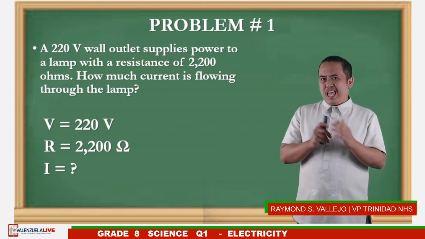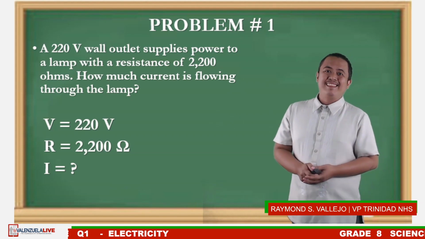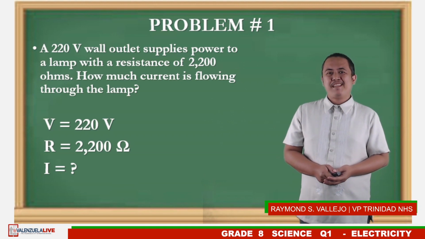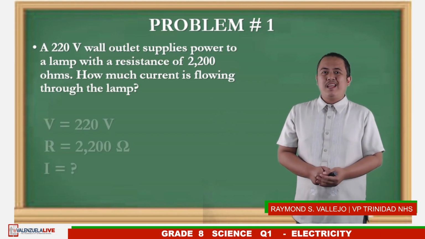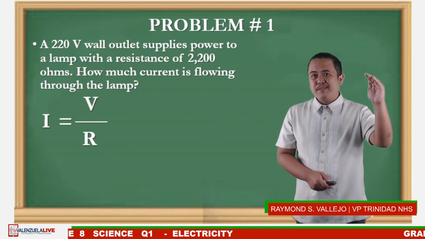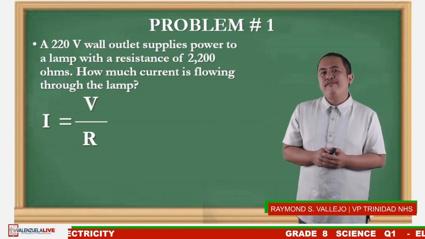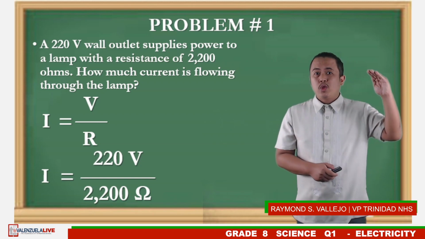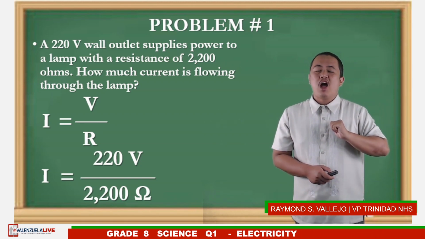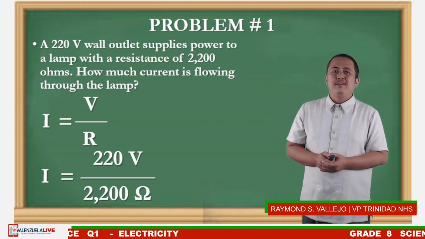Okay? So using the equation triangle, which formula shall be used for the problem? Correct. The formula to be used is I is equals to V divided by R. Now, substituting the values, we will have I is equals to 220 volts divided by 2,200 ohms. Now, using your calculators, what would be the final answer?